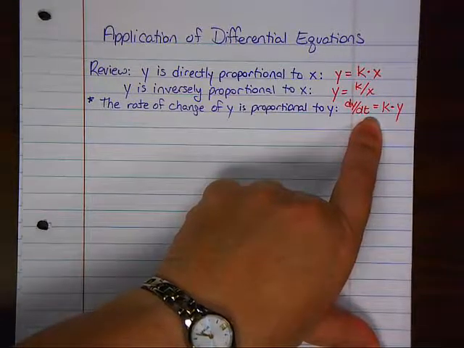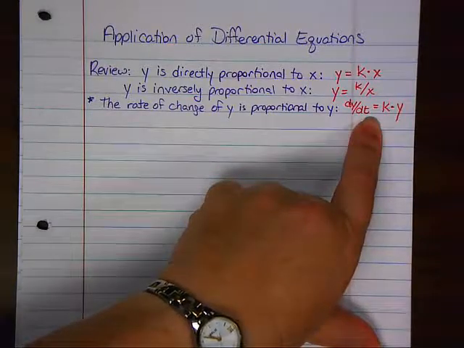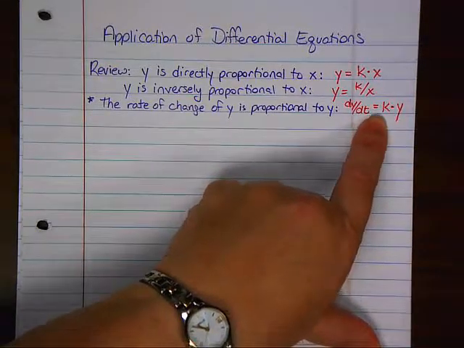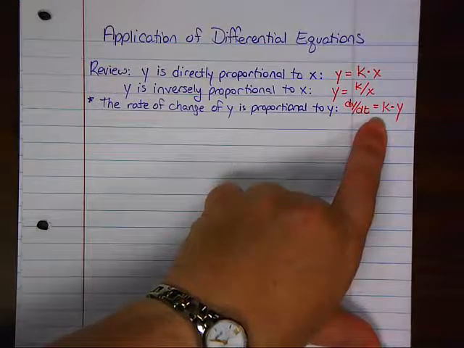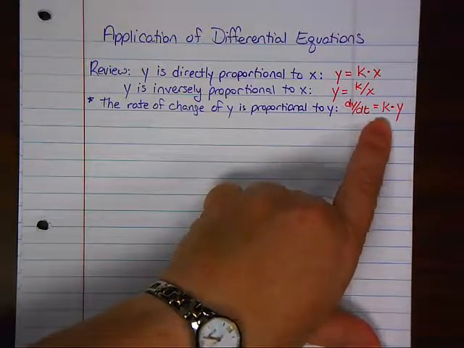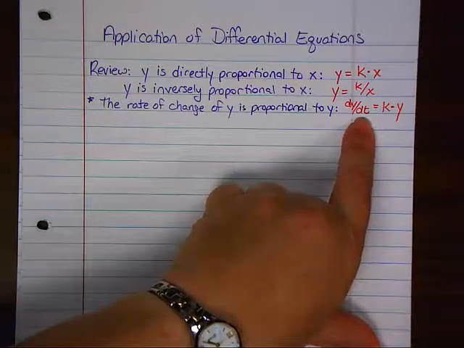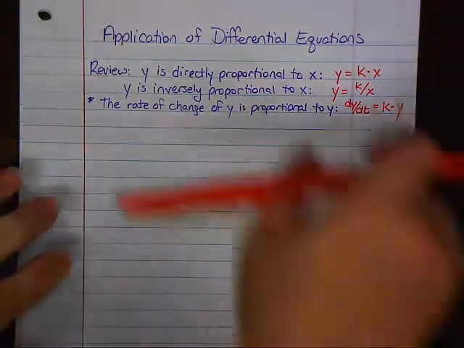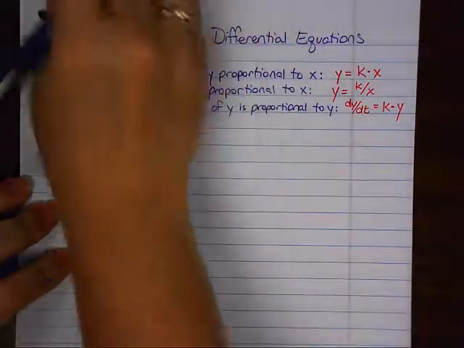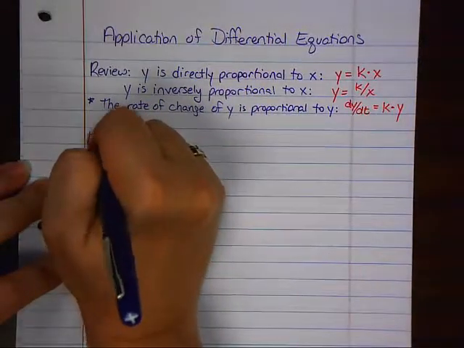Okay? That is a differential equation. It's a variation problem, the foundation of many, many problems that you do in pre-calc. It comes from this relationship. The rate of change of something y is proportional to that something. Okay? So we're going to do a sample problem that deals with this.